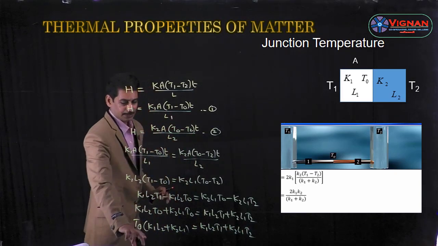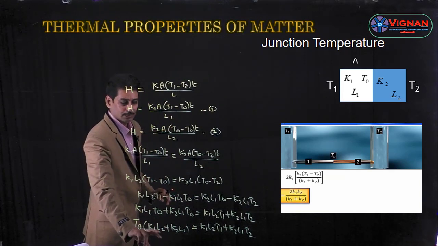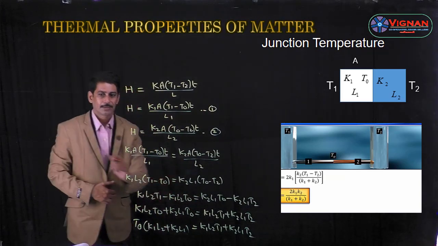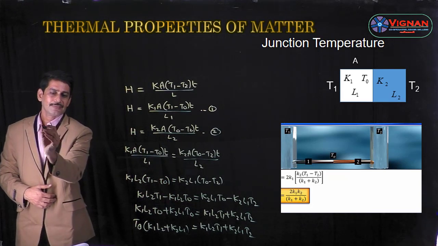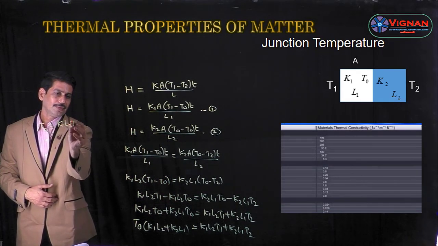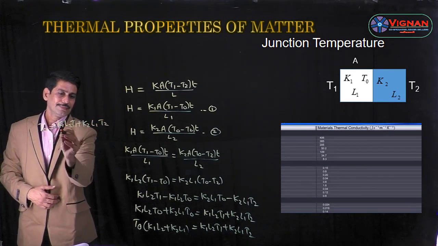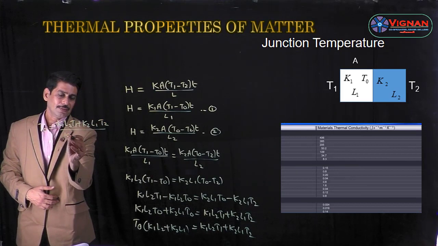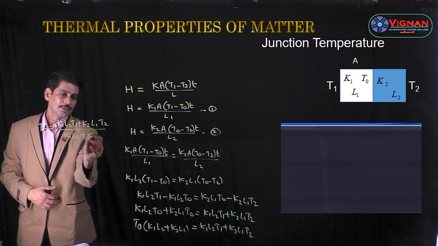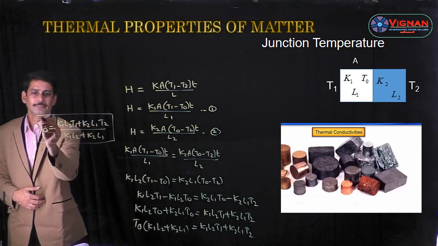So in this expression, we have to find the junction temperature T0. So bring this term to the other side, then we get the junction temperature as T0 is equal to K1 L2 T1 plus K2 L1 T2 divided by K1 L2 plus K2 L1. So this is the expression for the junction temperature.